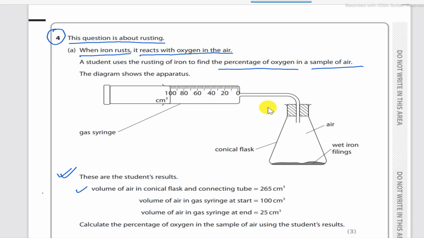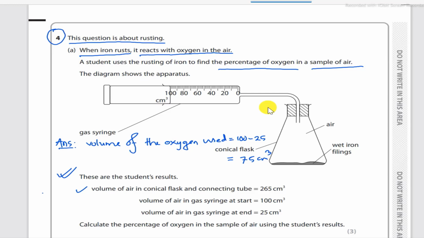First we have to find out the volume of the oxygen used. Equal to 100 minus 25, so it is 75 centimeter cube.